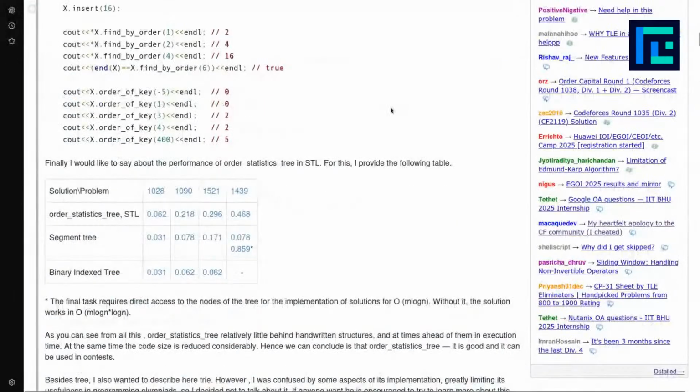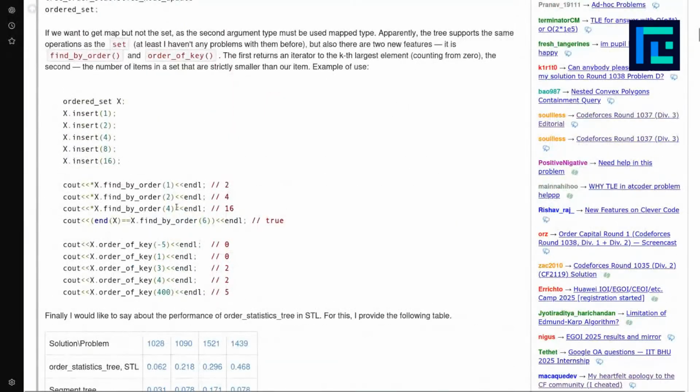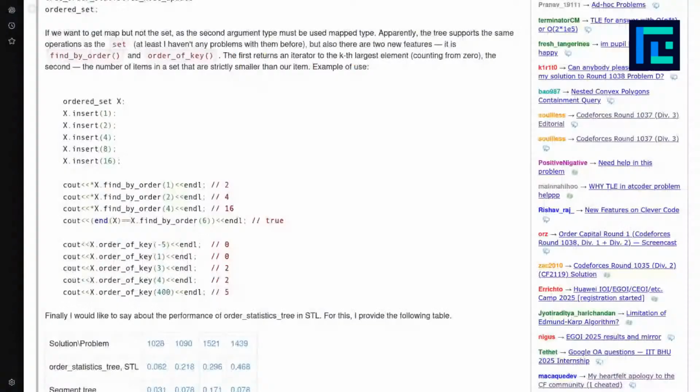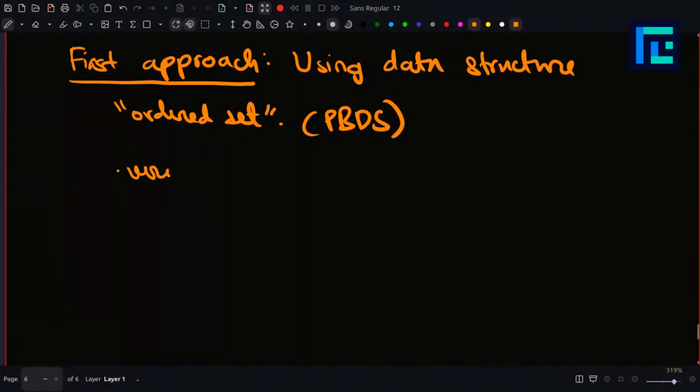Okay, so yeah, what does ordered set do? Let me just give you a brief summary. Very similar to set in C++. For people who are using Python and Java, please check if you have some similar data structure, or otherwise you can write a Fenwick tree or segment tree.